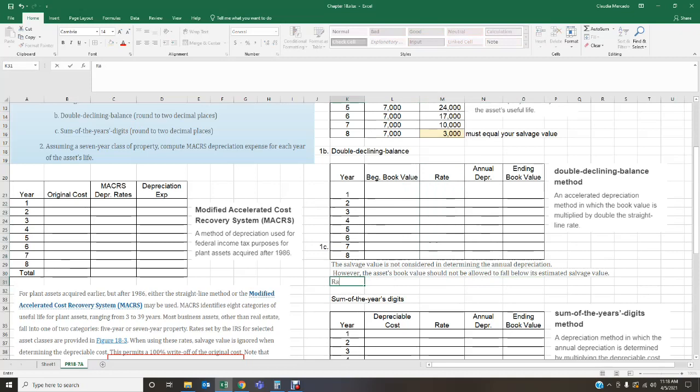Okay, so the rate is equal to 100%, and we're going to divide it by the number of years that we're going to depreciate this asset, which in this case is 8 years.